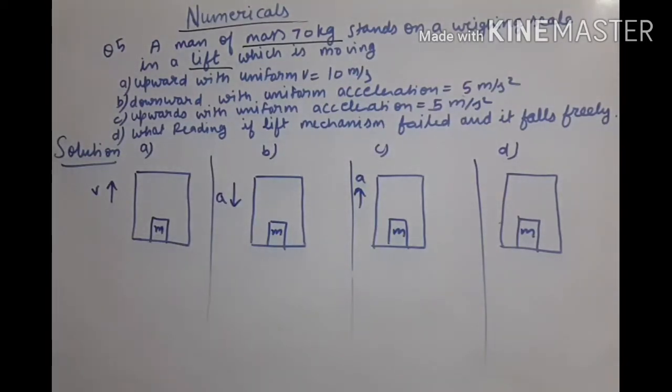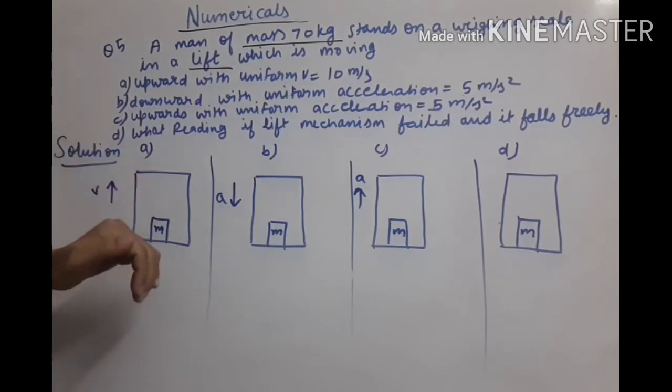Okay, now just understand this case, we have understood it in the gravitation chapter also. What is the idea? First of all, this person of mass m is standing on the weighing machine, and the weighing machine has a spring.